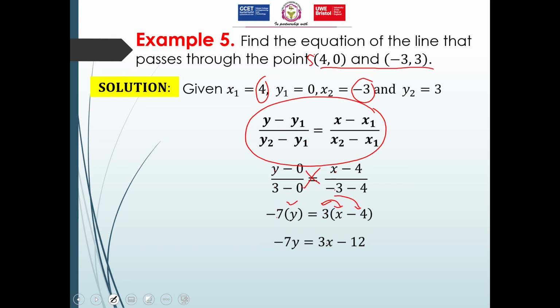And then we simplify this by writing into the equation as y equals mx plus c, or the other one, the ax plus by plus c equals 0. So you will get either this or this one.